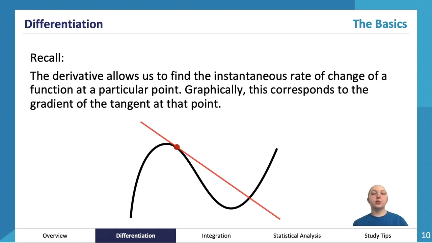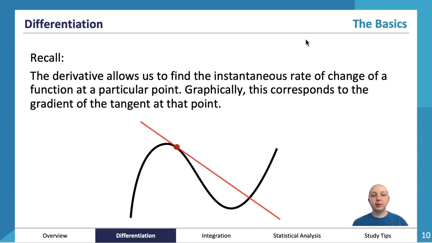Okay, so that's pretty much the big thing you need to know about differentiation: what are you actually trying to find? The reason that's important is because if you understand what you're trying to find, and what the numbers you're working with mean graphically, then it becomes a lot easier to do your applications of differentiation, because it's much easier to see how these things translate into a real life situation.